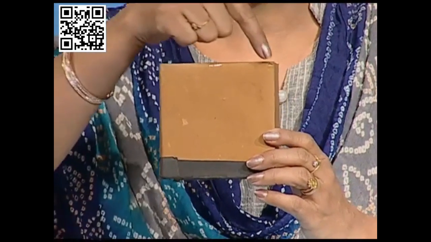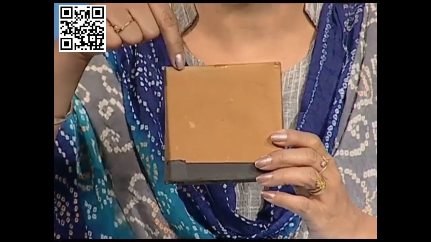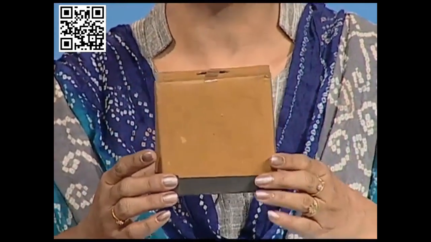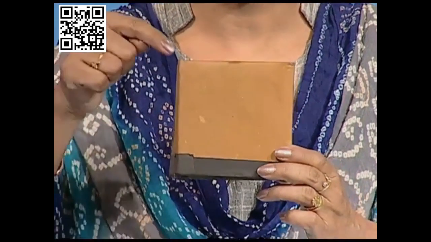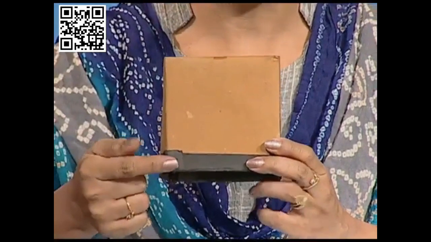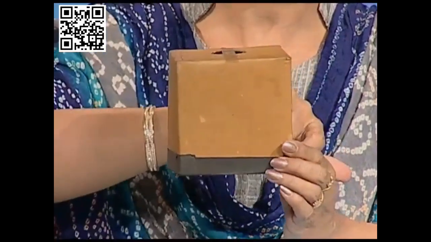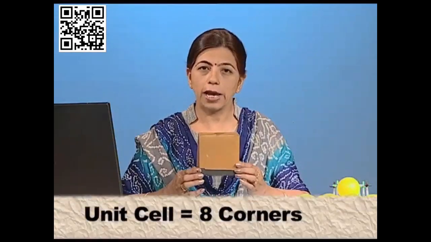These are the corners, and this is the edge, and these are the faces. Let's count the corners of a unit cell. 1, 2, 3, 4, 5, 6, 7 and 8. There are 8 corners in a unit cell.